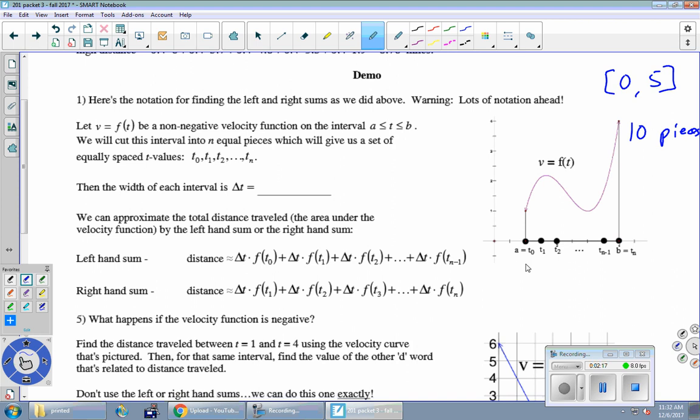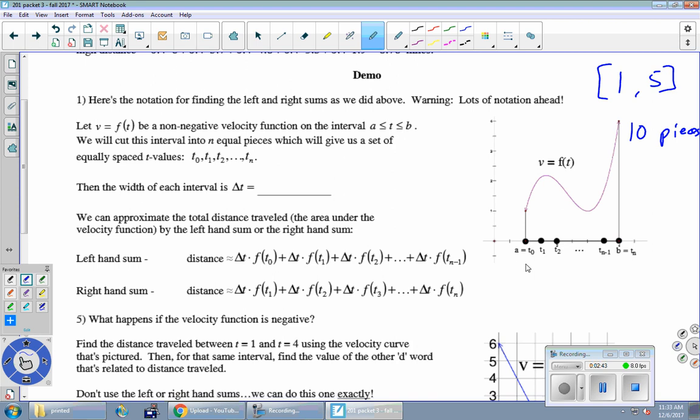You divide the 5 distance that you have by the 10 equal pieces, and you'd come up with 5 over 10, or half an hour, right? What if instead of 0 here, it was 1? Now you have 4, and you're cutting it into 10 equal pieces, right? So all you're supposed to do is subtract to tell you how long the horizontal thing is, and then you divide it into the right number of pieces.